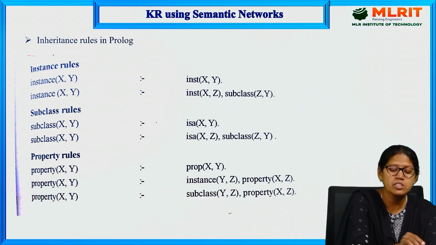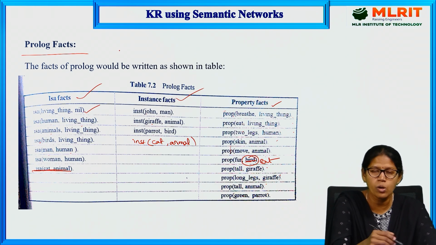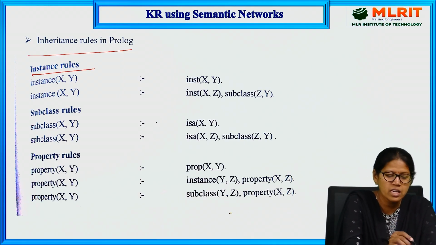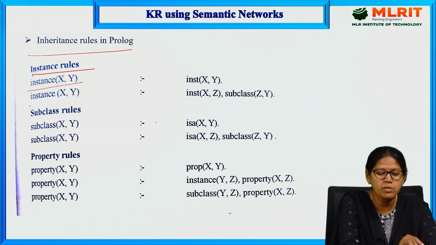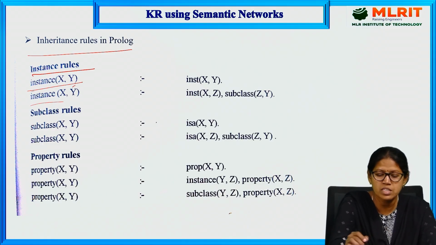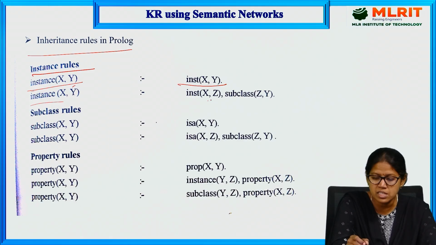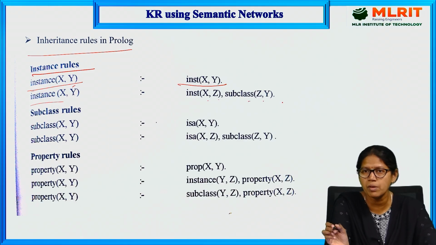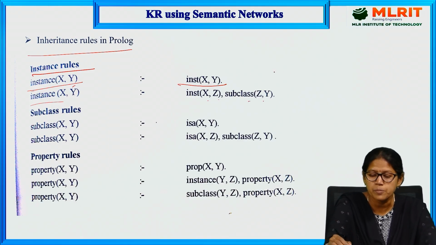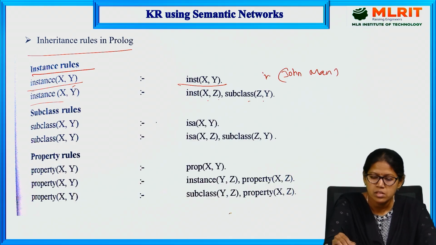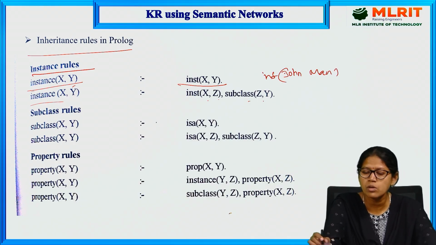Next, inheritance rules. All of these we have seen are the facts, and these are the rules. For instance, the rules: instance of x comma y, if inst x comma y. Next, instance x comma y, if inst x comma z and subclass z comma y. If you take inst x comma y, John is an instance of man.